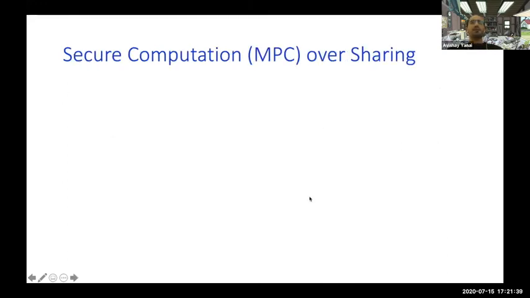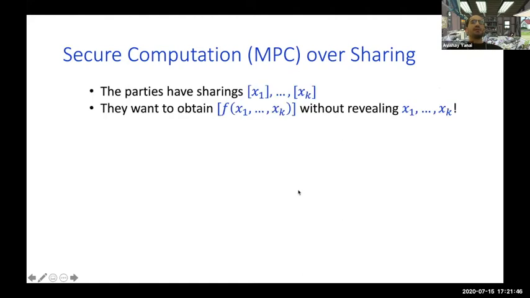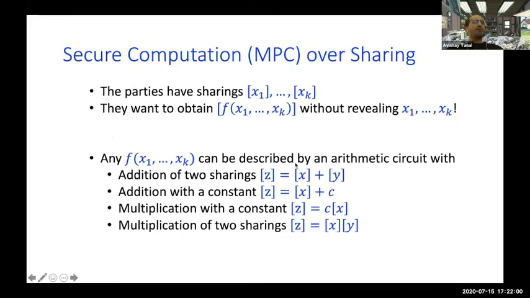Now, secure computation allows us to perform computation on secrets without revealing the secrets. Given sharings of x1 to xk, the goal is to compute some function f on the secrets without revealing them. The idea is to break the function f into simpler functions. Specifically, any function can be described by an arithmetic circuit that consists of additions and multiplications.